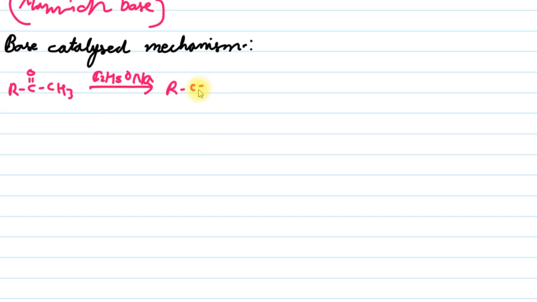that is RCOCH2 having a negative charge. This is the carbanion, and ethyl alcohol C2H5OH.